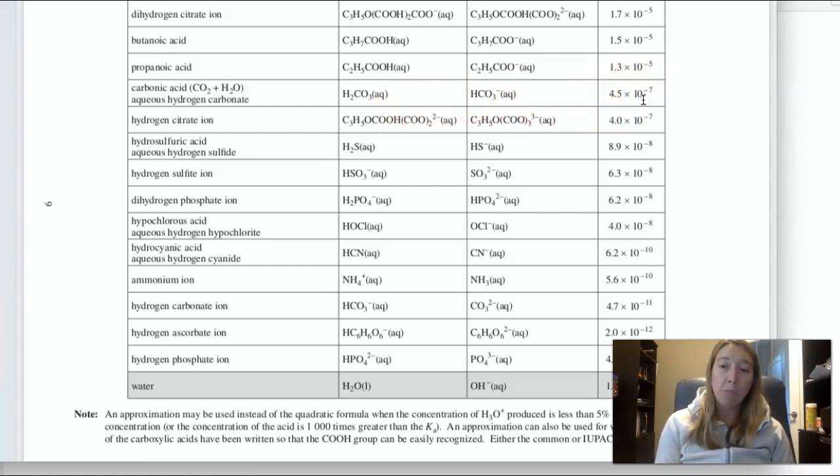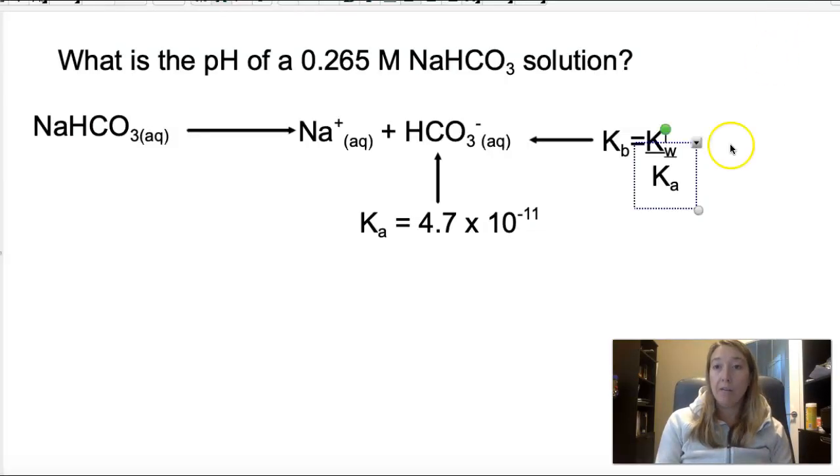So for amphiprotic species, when we're comparing the Ka and the Kb, we are not using the same Ka number when we do that calculation, because there are different Kas, because we're looking at hydrogen carbonate in two different spots on the table. So to calculate the Kb, we're going to use the 4.5 times 10 to the negative 7.